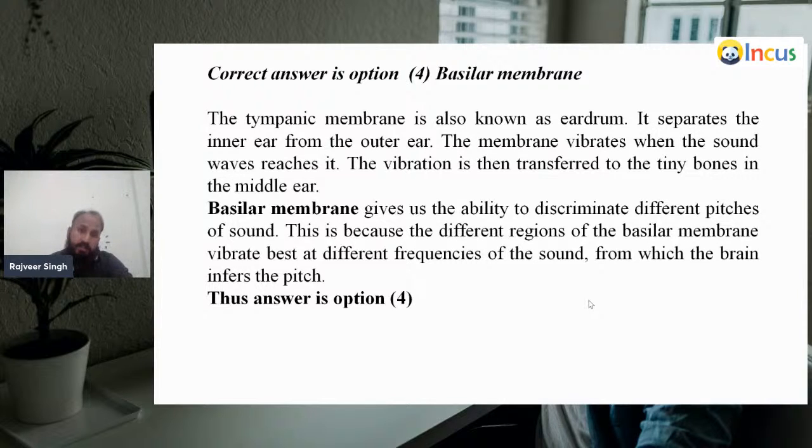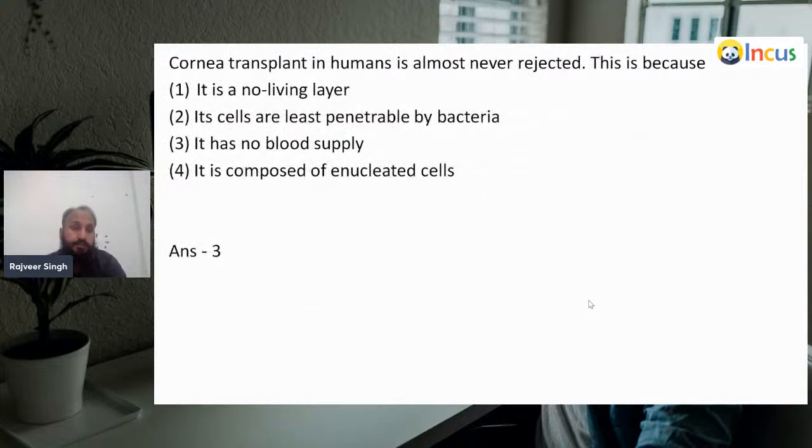Then the basilar membrane gives us the ability to discriminate different pitches of sound. This is because different regions of the basilar membrane vibrate best at different frequencies of sound, from which the brain infers the pitch. That is why we chose the basilar membrane, and the fourth option is the right option.